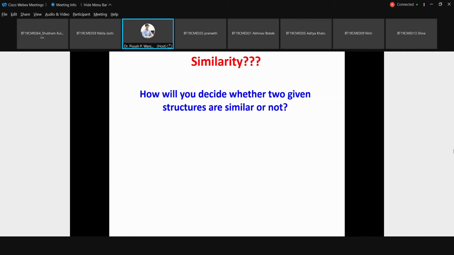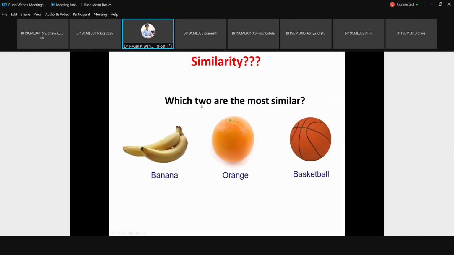And you have to evaluate that computationally. Yes, any answer? How will you decide whether the two components are similar? Okay, I guess at least you have something in your mind. You have not? Okay, let's answer this question.